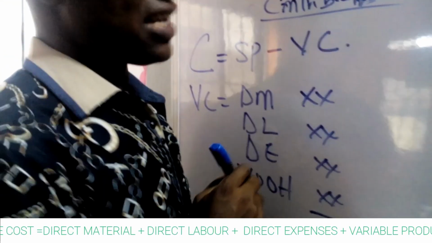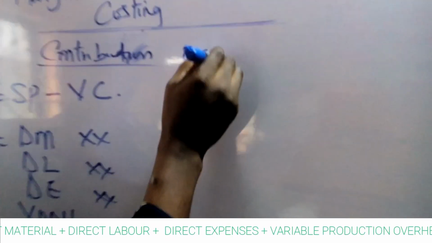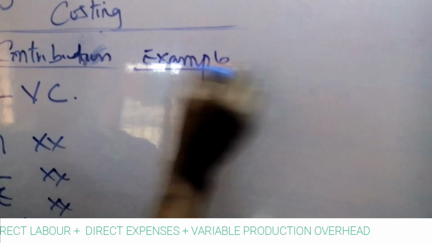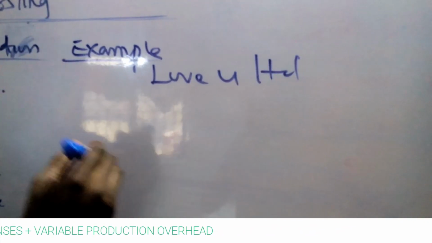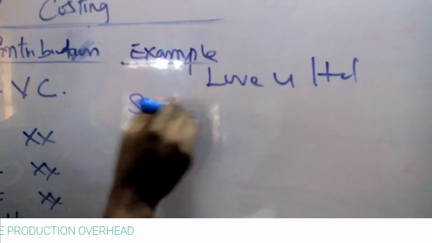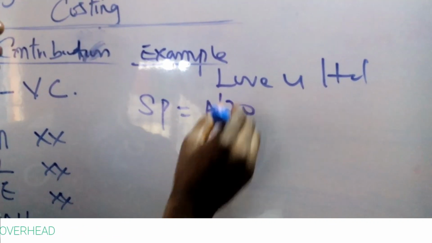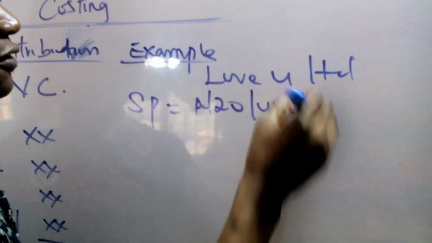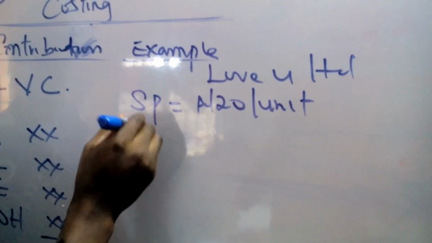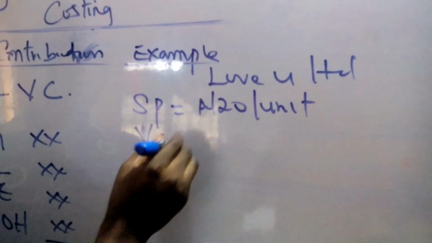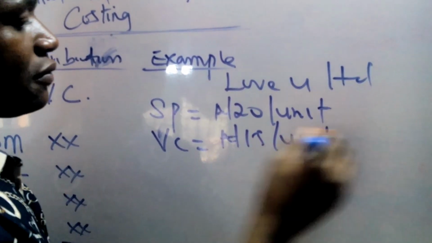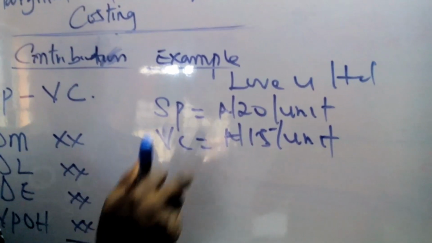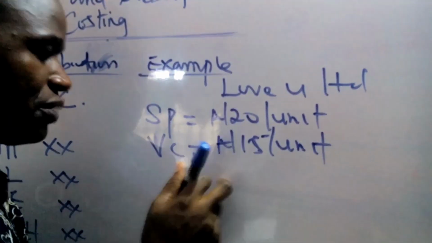So let's take, for example, example 1. Loveview Limited, selling price equals 20 naira per unit, direct variable cost is given as 15 naira per unit. Therefore, what is our contribution?